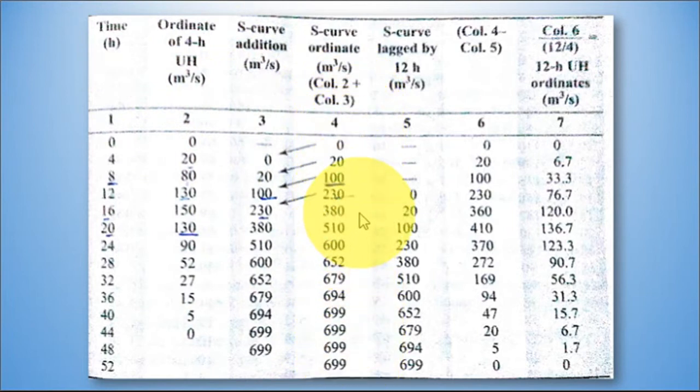Since there is a lag in timing, the given hydrograph is of 4-hour duration and the required hydrograph is of 12-hour duration, so we have to consider that lag by putting a dash over here, since there is an 8-hour lag. So earlier than 8 hours there will be no ordinates. Further, the ordinates will continue from 12 hours, and then it will go on like this.